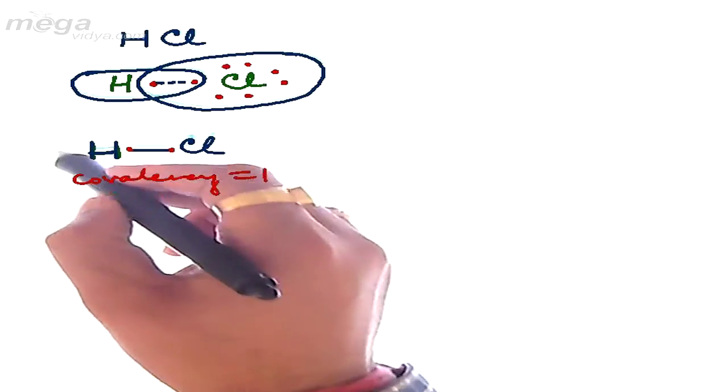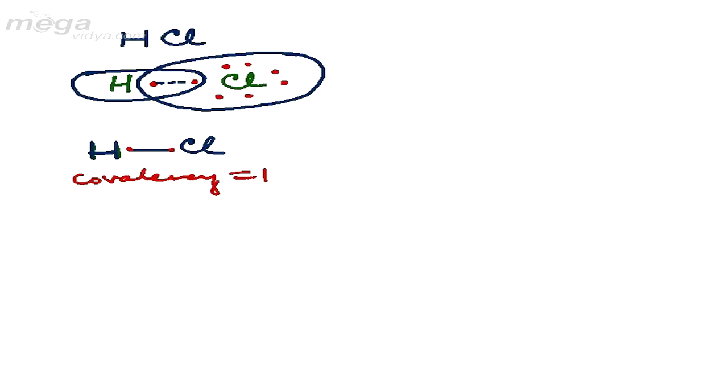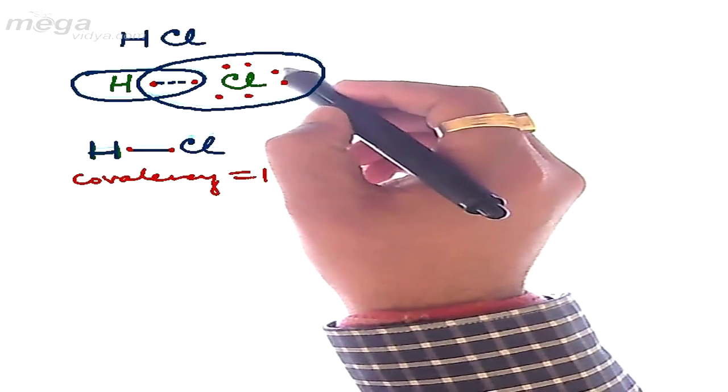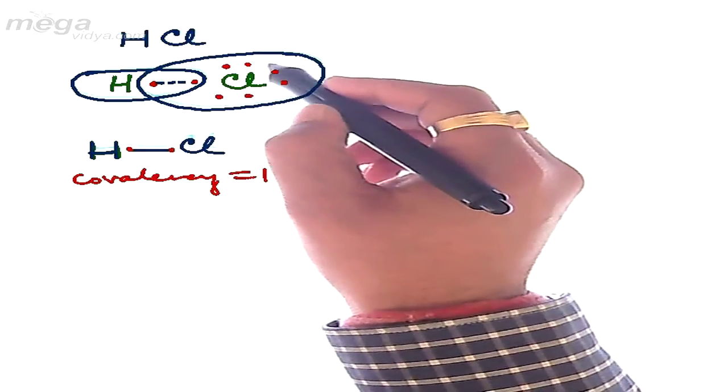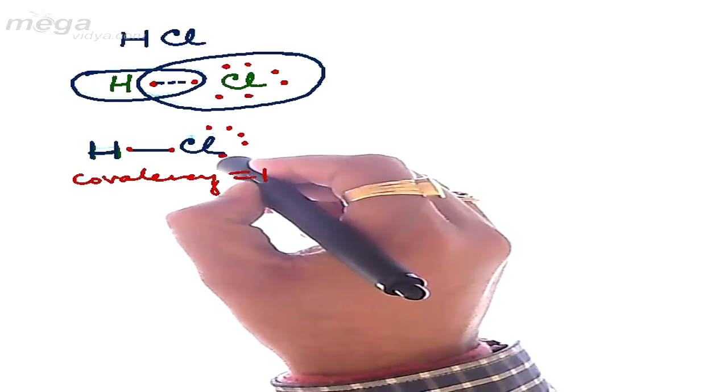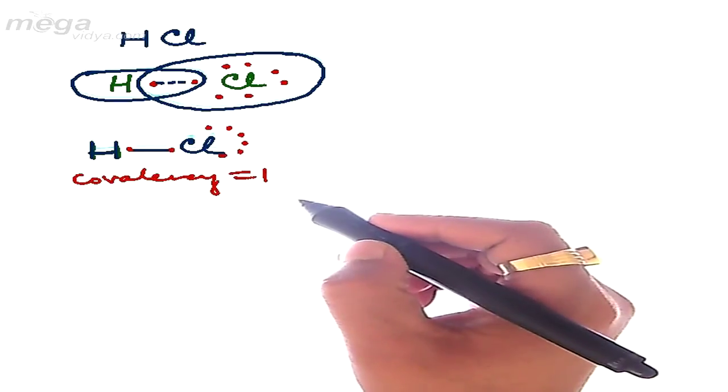After the bonding between these two atoms, we find that the remaining 6 electrons in the valence shell of chlorine are not undergoing mutual sharing, that is, they are not participating in the bonding.